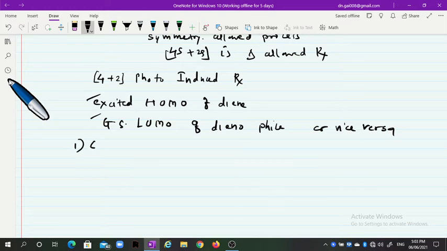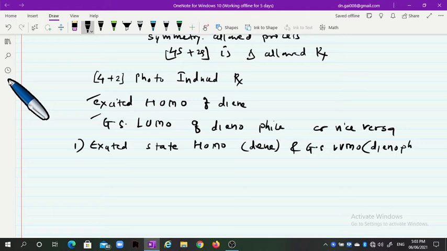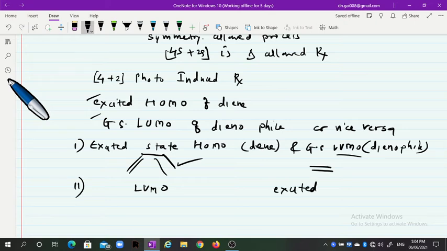There are two possibilities again for the 4 plus 2 system. The first possible interaction is the excited state HOMO for diene and the ground state LUMO for dienophile. For the diene we have to consider the excited state HOMO, and for the dienophile we consider the LUMO. The second possibility is the LUMO for diene and excited state HOMO.